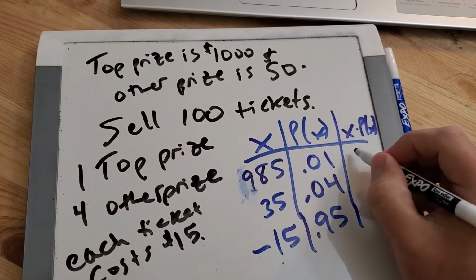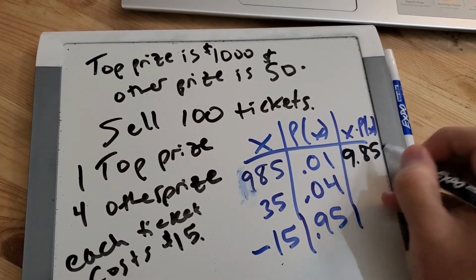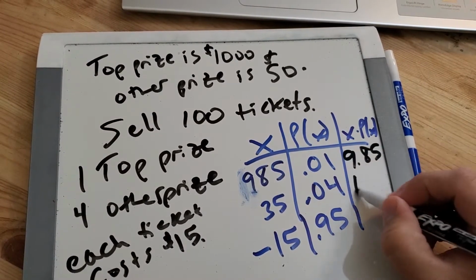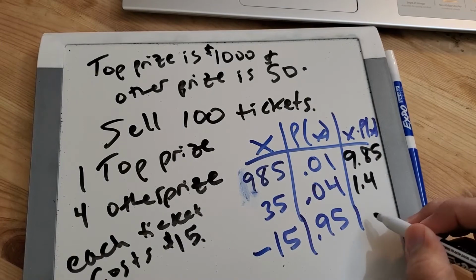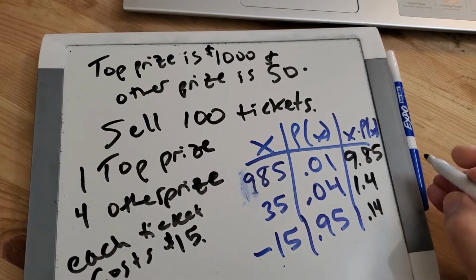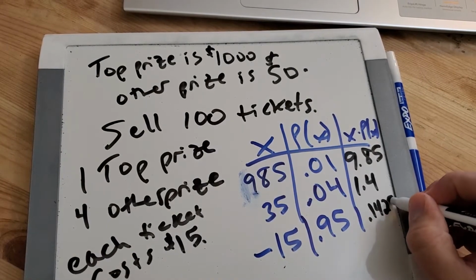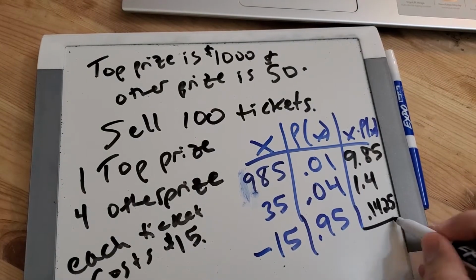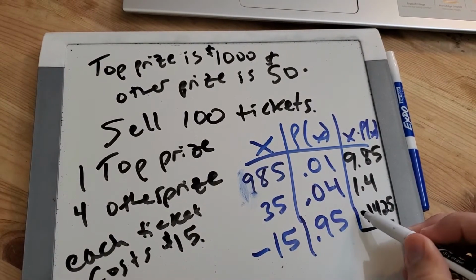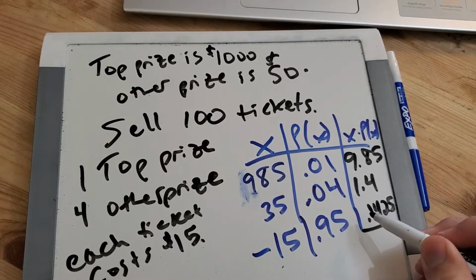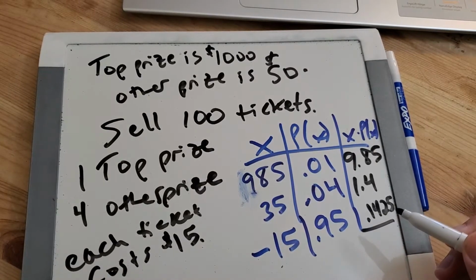Right, so I'm going to copy those down real quick. I got 9.85. I've got 1.4, and I've got 0.1425. And if I add those up, and it's negative. My mistake, I didn't put a negative in there. Did I put a 0.15?